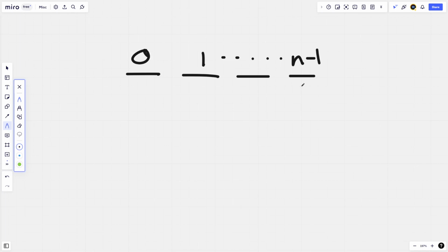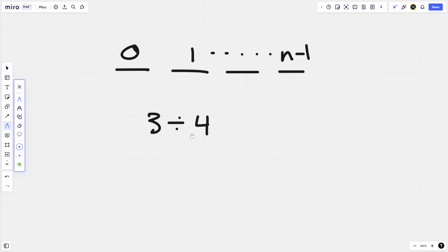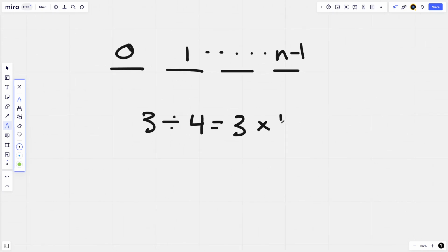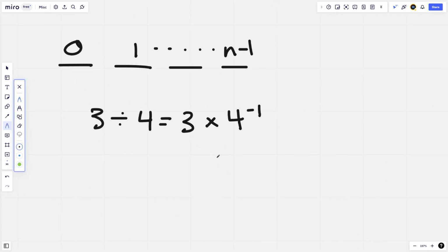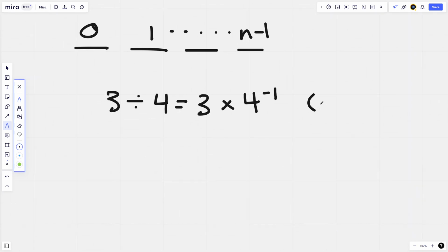Division doesn't exist, but we use the multiplicative inverse. So if we wanted to take 3 divided by 4, that's really the same as 3 times the multiplicative inverse of 4, where the multiplicative inverse is the number such that when multiplied by 4 gives 1 in our modulus.